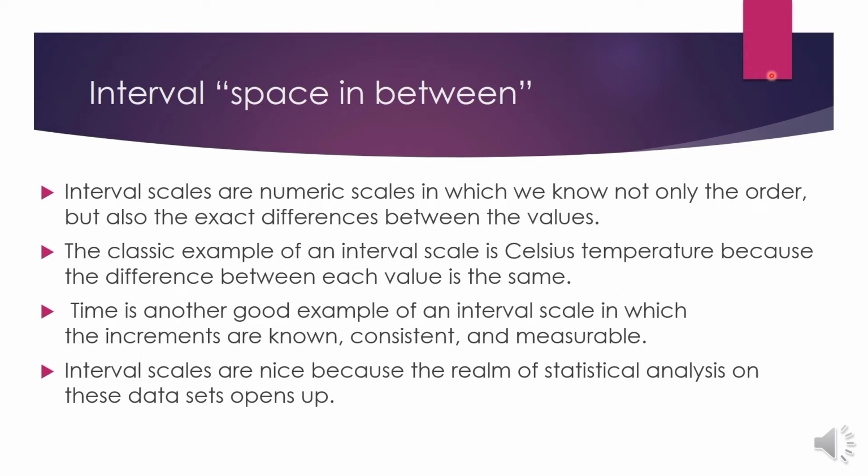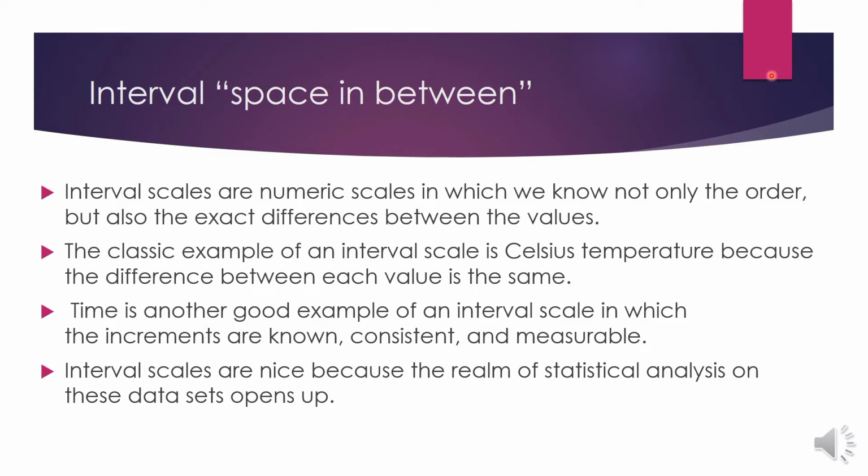The problem with interval scales is they don't have a true zero. For example, there is no such thing as no temperature. Without a true zero, it is impossible to compute ratios. With interval data, we can add and subtract, but cannot multiply or divide.